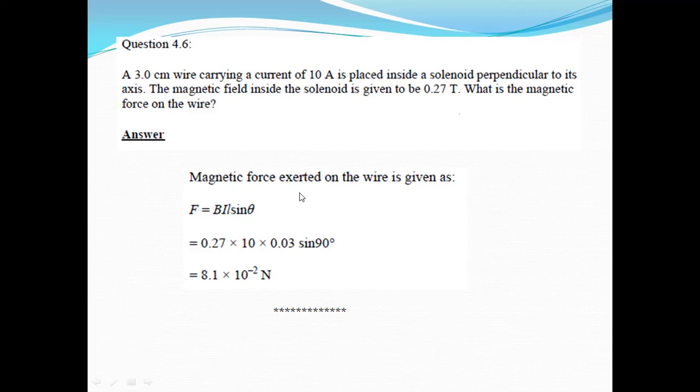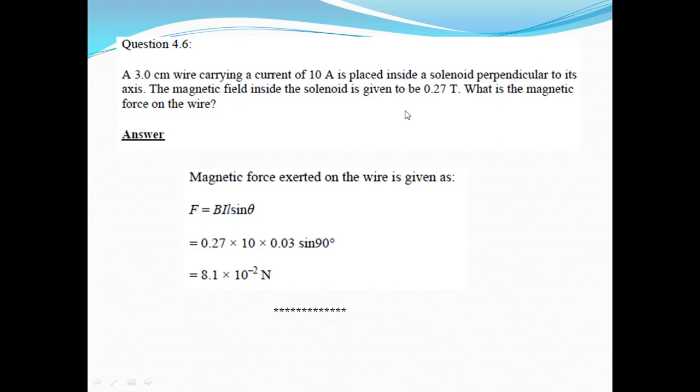So magnetic force exerted on the entire wire is given by F equal to BIL sine theta. So B value is 0.27 Tesla, I is given as 10 ampere, L is given as 3 centimeter, which you will have to convert into meters by multiplying it with 10 to the power minus 2.